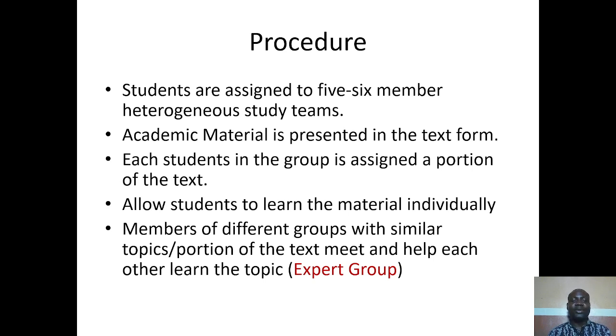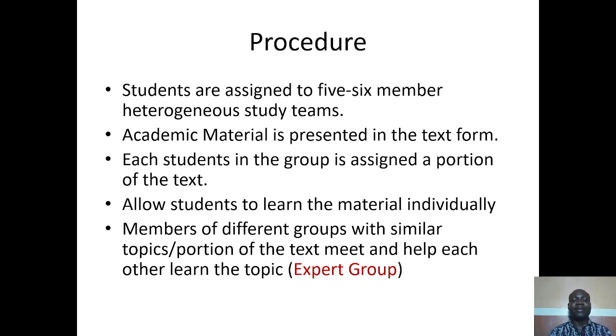The heterogeneous grouping can be based on the student's ability. So we have people that are strong, people that are medium, people that are weak. It could be based on gender, male and female will be there. The purpose of this heterogeneous grouping is to ensure that the people that are in the group will be able to bring several ideas together.